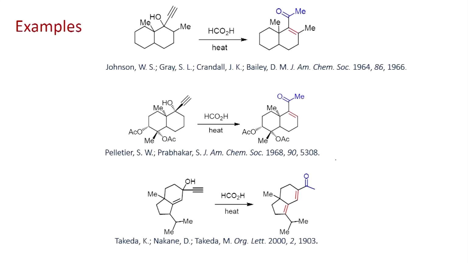So, these are some of the examples. If you look here, this tertiary alcohol, when you react it with formic acid, can rearrange to this ketone, as we have just seen. If you react with acid, protonation of this, you will be able to form this intermediate.